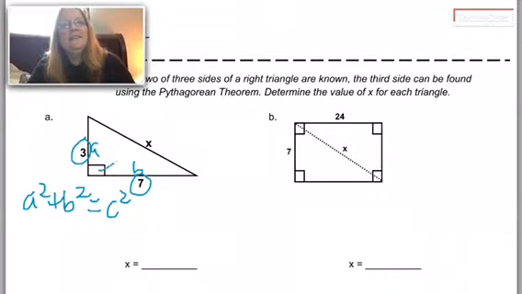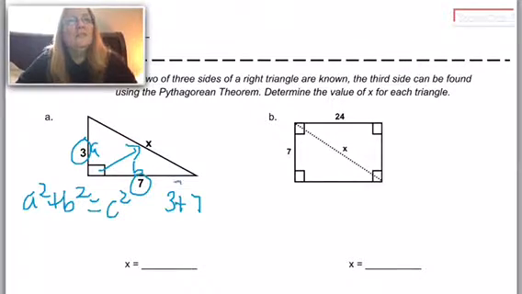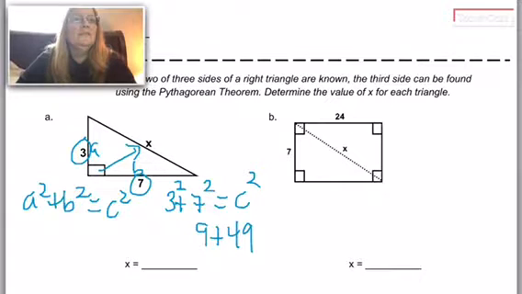And then this side over here labeled x would be c. So we can say 3 squared plus 7 squared is equal to c squared. So 9 plus 49 is equal to c squared, and c squared is equal to 58.